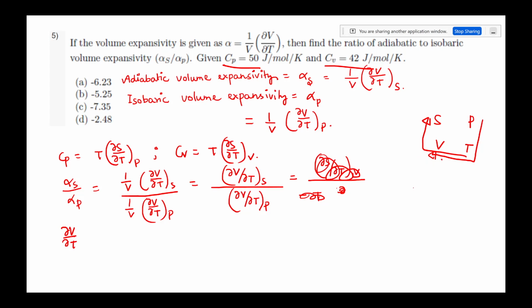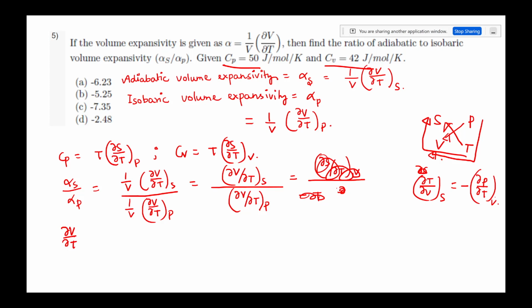Not TVS, this will be TSV. So VTS. So del T del V at constant S. This is in upward sign. This is in bottom. So there will be minus del P del T constant V.